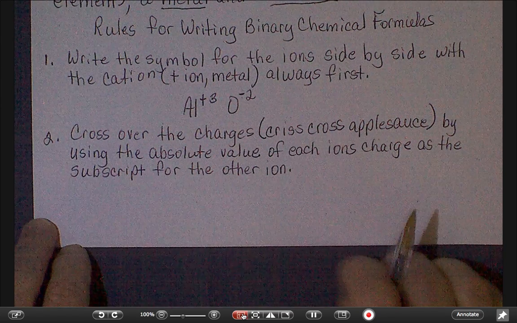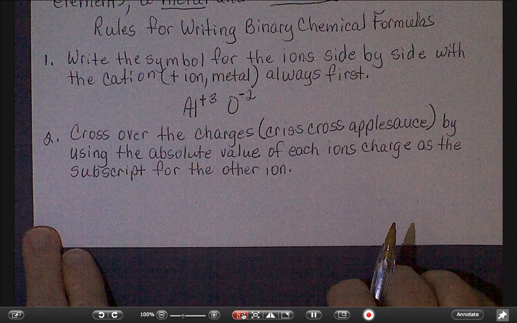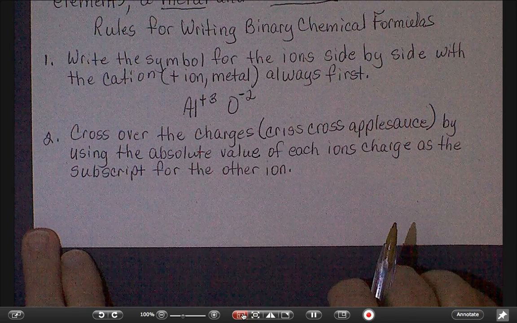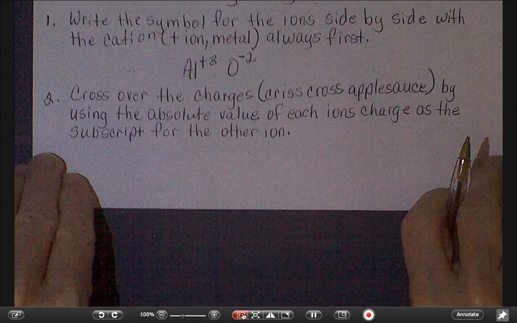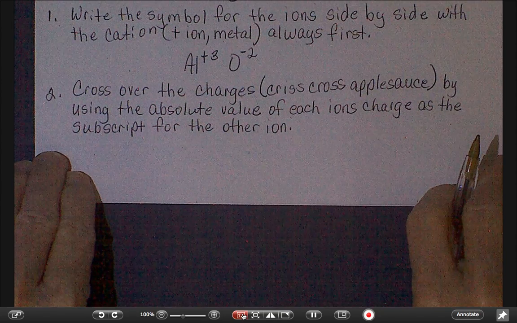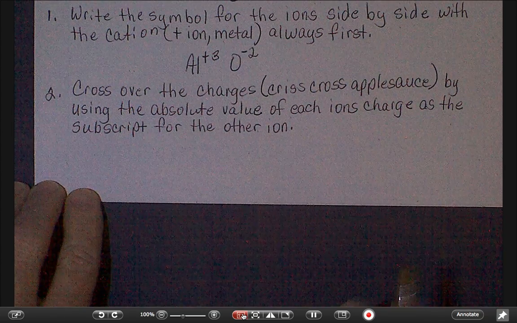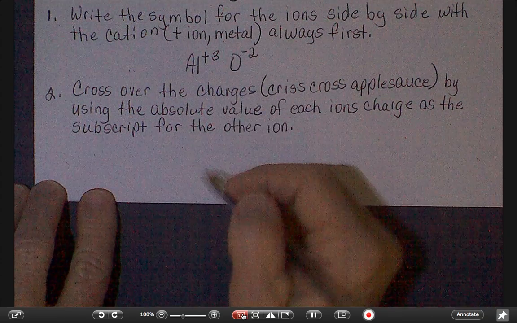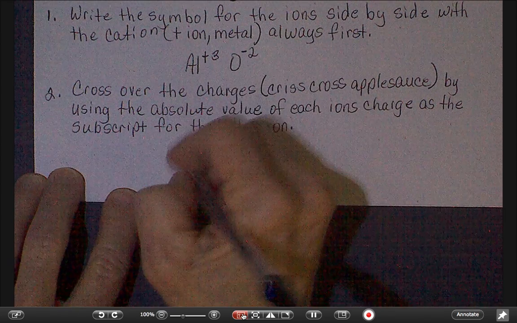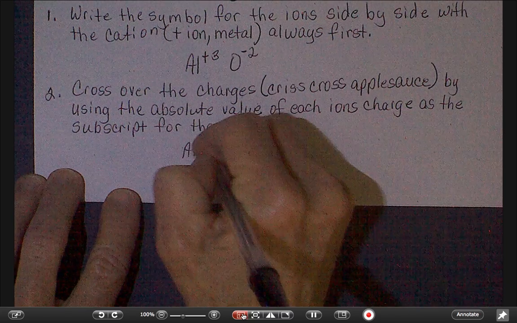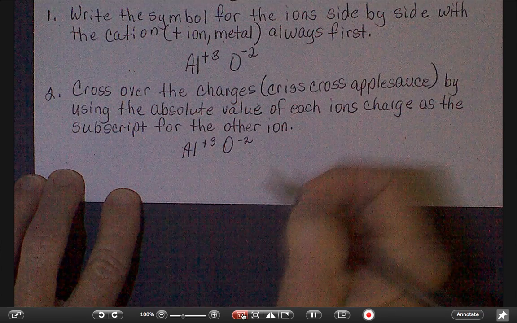Okay, I'm going to let you catch up with me. I have just a little bit of room, but that's enough. So I'm going to rewrite this again: Al plus 3, O minus 2.